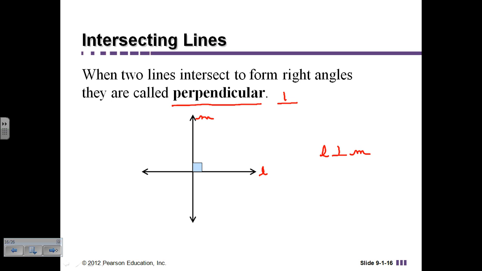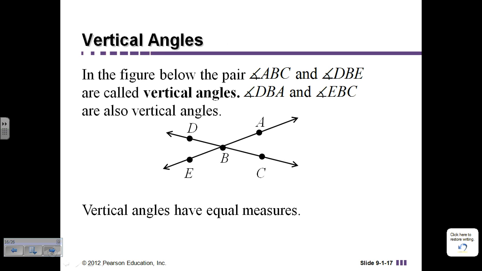Okay. All right, so we're going to talk about perpendicular a little bit more, not much. Okay. So another term that we have here are vertical angles. Angles are vertical when they are formed by two intersecting lines.